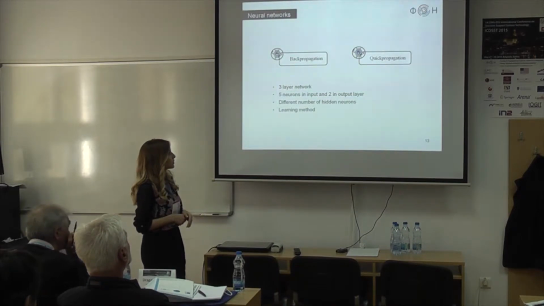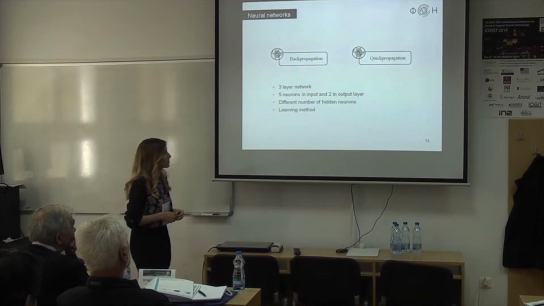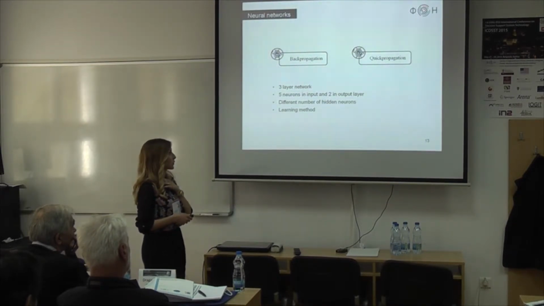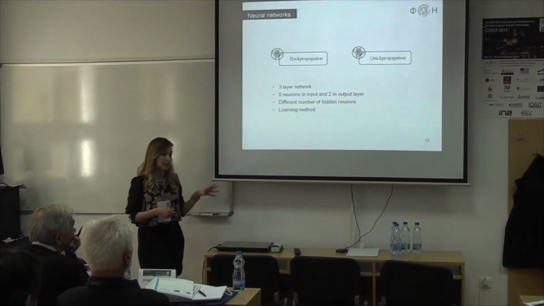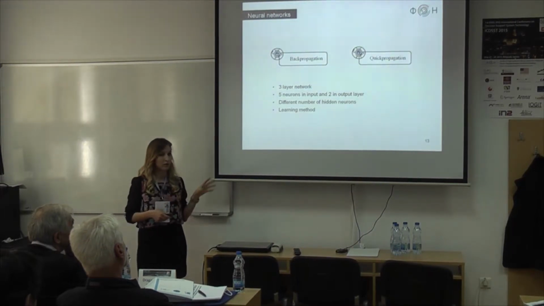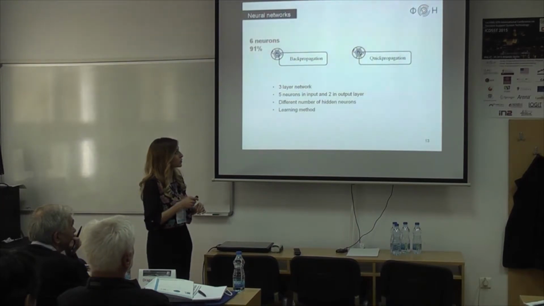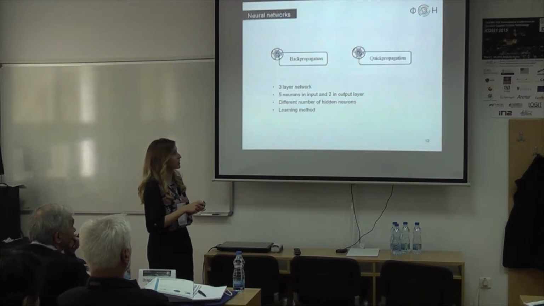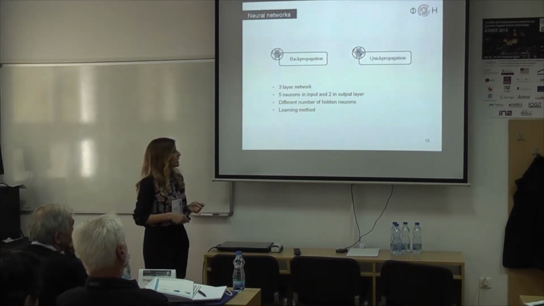So on one side we had neural networks, and there we created neural networks with 3 layers, and we had 5 neurons in the input layer. That's because in Altman's Z-score we have 5 different financial ratios, and just two neurons in the output layer because we are trying to do classification.